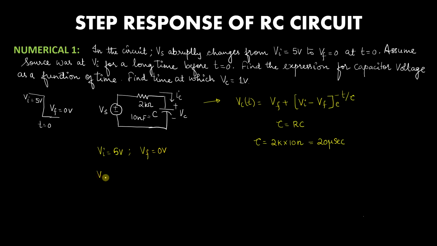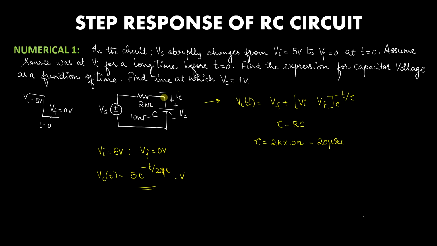So we have Vc of t is equal to Vi, that is 5, e power minus t divided by tau, that is equal to 20 micro. So this is the expression for capacitor voltage, and the unit of this capacitor voltage is volts.